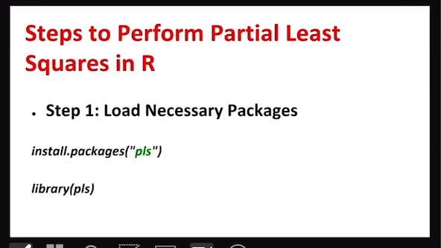Now, I want to show you the steps in R for partial least squares. For the same data, the other time I got 56 point something as the root mean square error for principal component regression. I also want to use partial least square for the same data set. I'm also going to load pls.